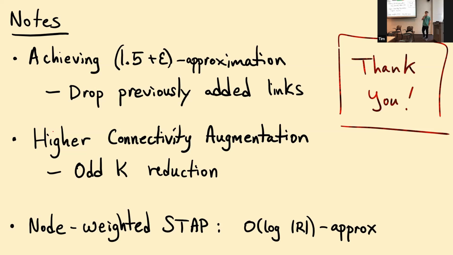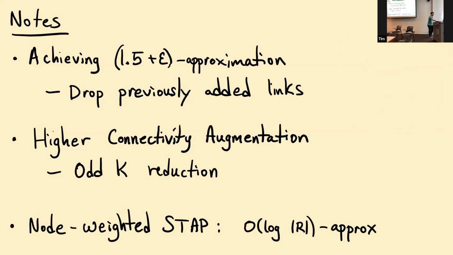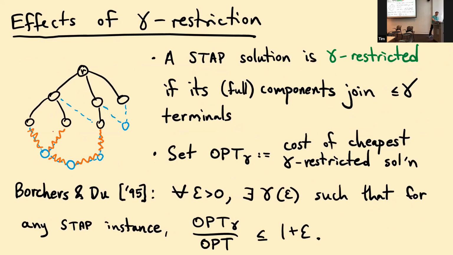It's true that if you want to preserve the approximation ratio to a factor of 1 plus epsilon, the gamma you have to choose depending on epsilon is 2 to the ceiling of 1/epsilon. So it's exponential in 1/epsilon. And you're asking, can we find OPT sub gamma efficiently? Yes, you can. That's essentially what we do. After this step, we can focus just on finding the optimal gamma restricted solution.